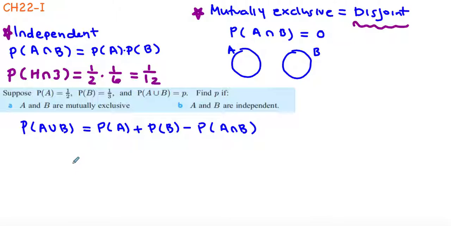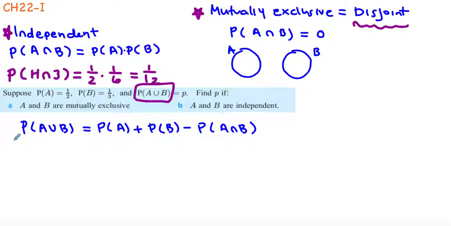You have probability of A is half and probability of B is 1/3. You want to find the probability of A or B. If A and B are mutually exclusive events, that means they have nothing in common. So probability of A and B will be 0.